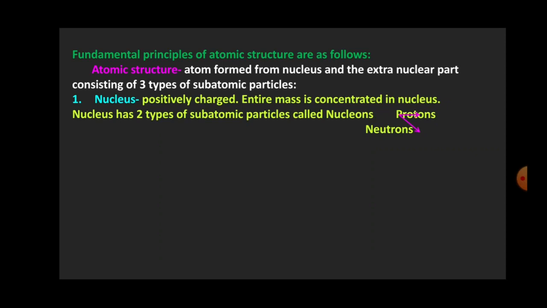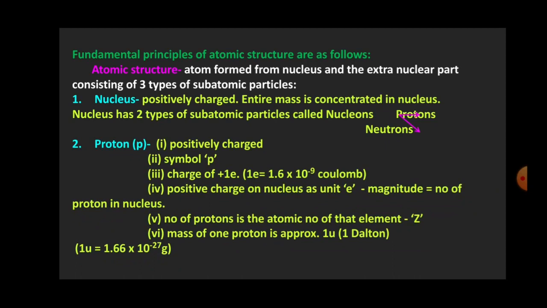We had also studied that protons have a positive charge, whereas neutrons do not have any charge. They are chargeless. Okay. So in the center, the nucleus is present, which has a positive charge, and two subatomic particles, which are protons and neutrons.